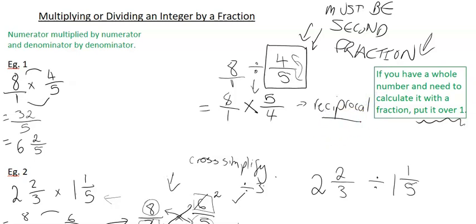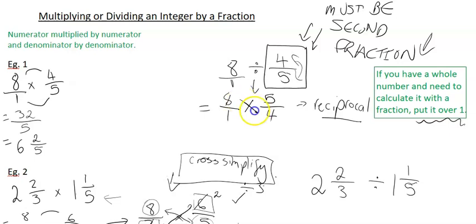Reciprocal, okay? The reciprocal. Very important that you remember that term, okay? Once you get it to this stage, then you can do exactly what we mentioned below, which was cross-simplify. So the rules for normal multiplication now apply. You've made the reciprocal, it's become multiplication, so all of that still applies.